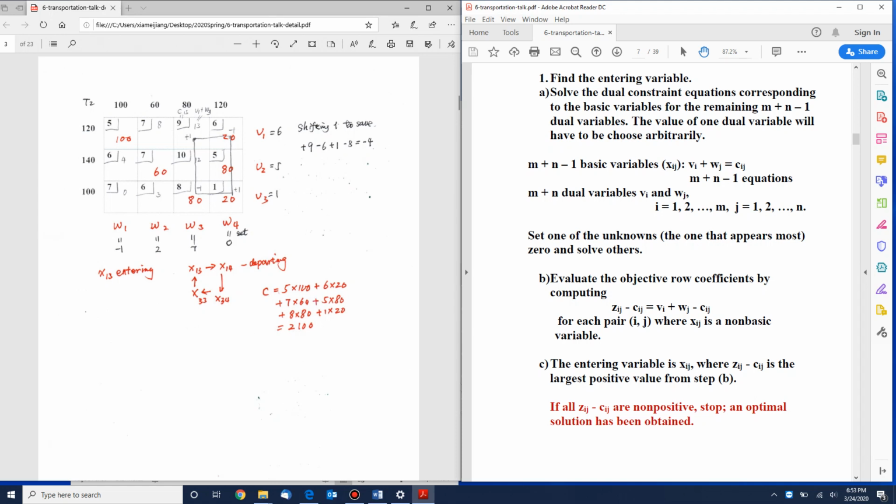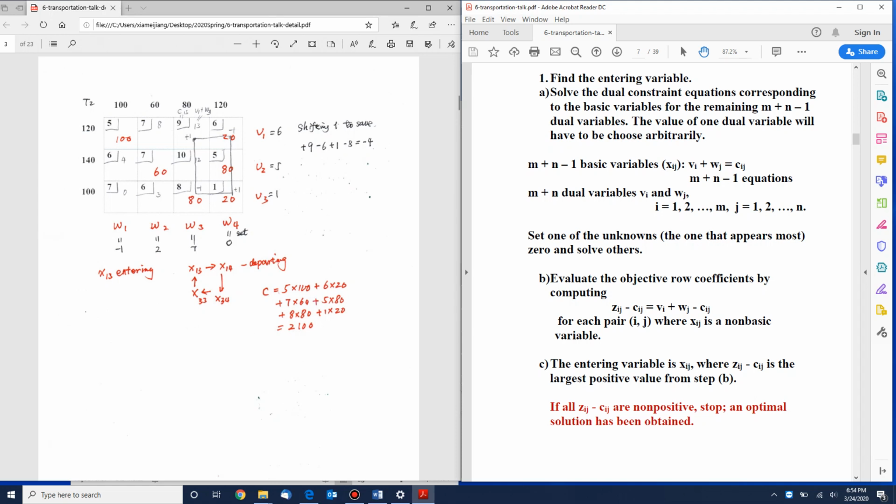Now, first we choose one to be 0. Now let's see how to solve it. You'll see that basic variables appear in the top row on the fourth column: x14, x24, x34. In those equations, vi plus wj equals cij.